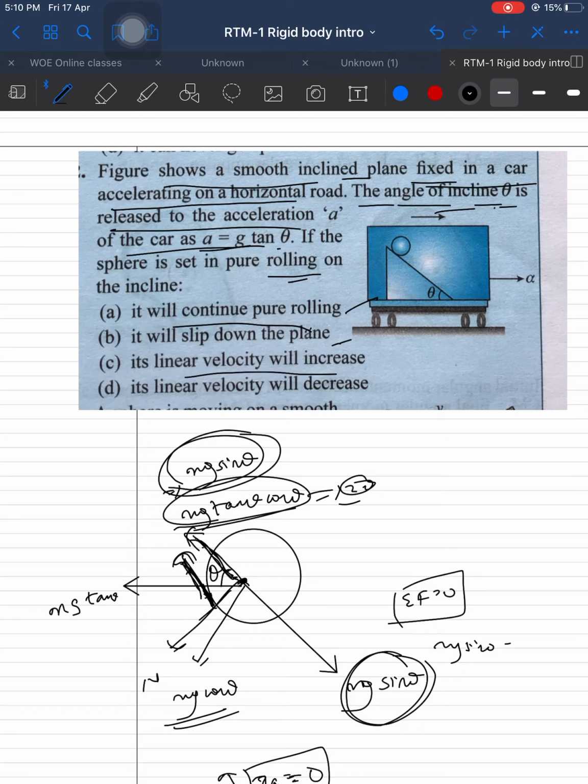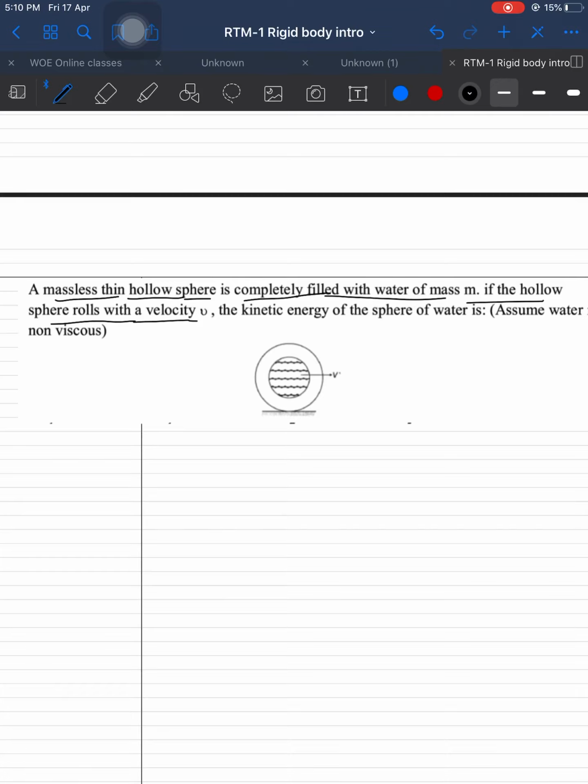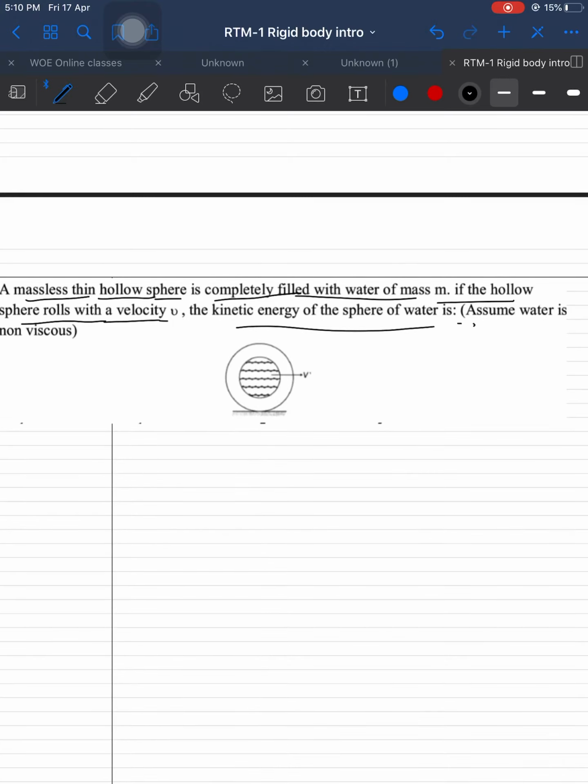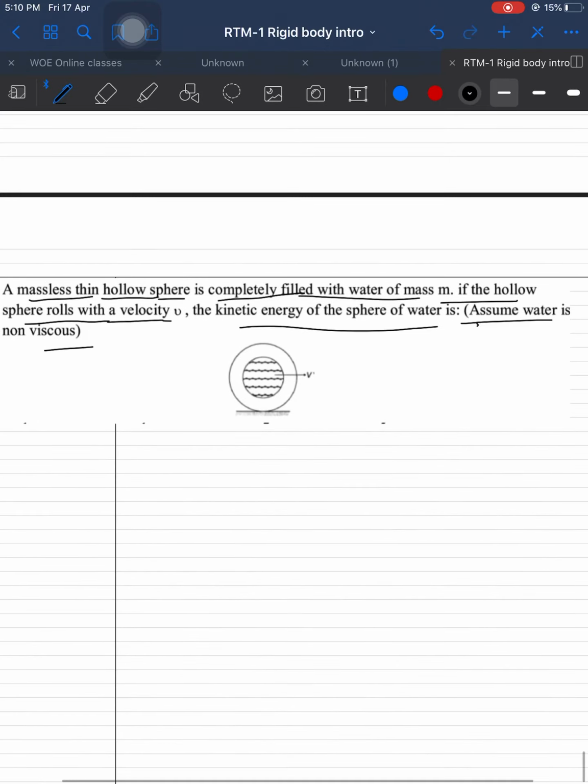Okay, this is a very important question, last but don't neglect it. A massless thin hollow sphere is completely filled with water, and this hollow sphere rolls with velocity v. What is the kinetic energy of the sphere with water? Assume the water is non-viscous.